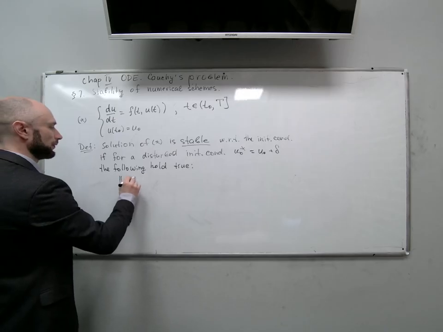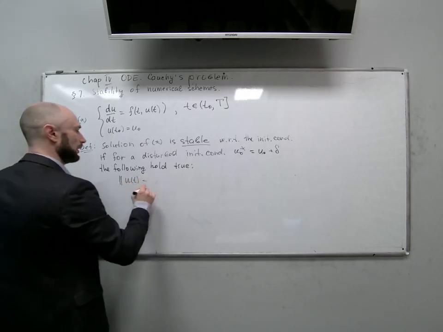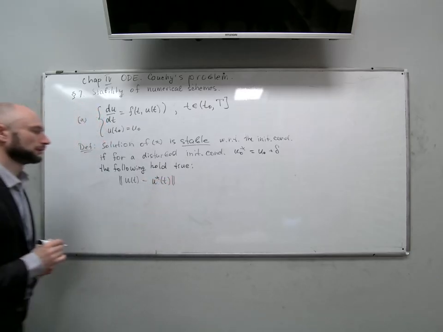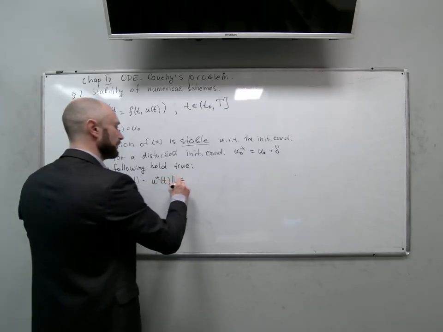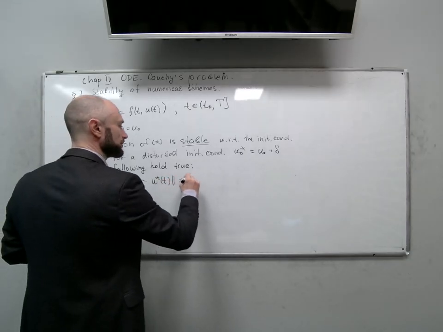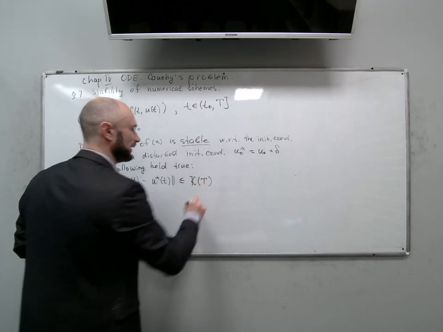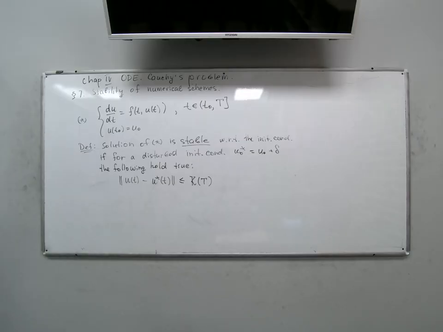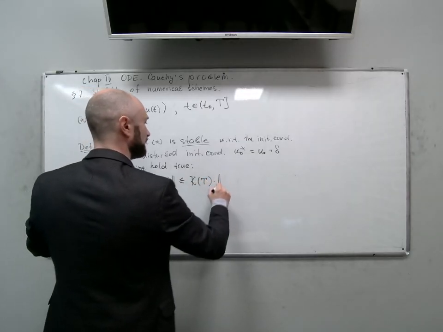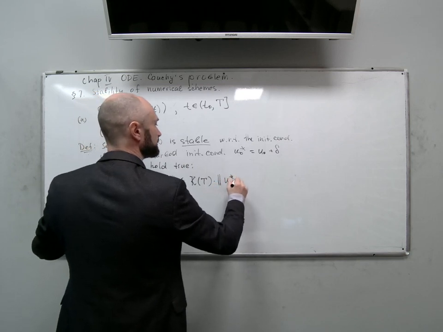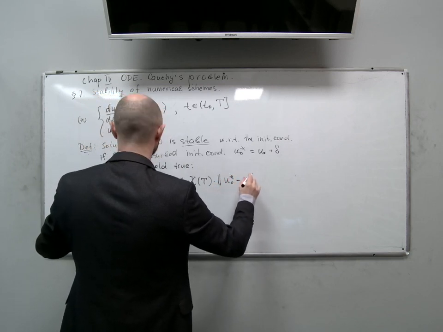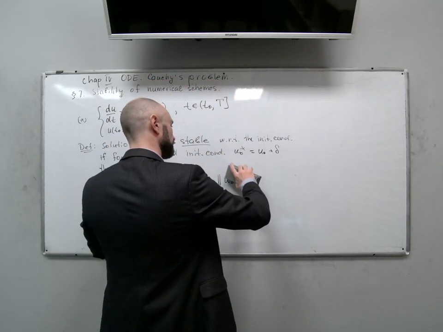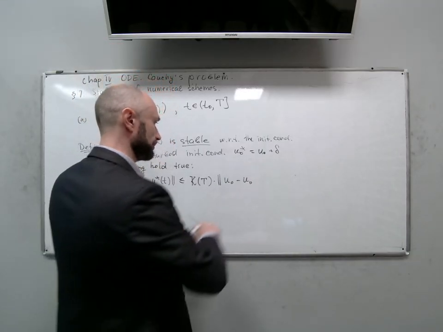The solution of the original problem minus the solution of the disturbed problem is bounded by some constant K capital, which may depend on the length of the interval that we are considering, multiplied by the norm of the difference between the original initial condition and the disturbed initial condition.